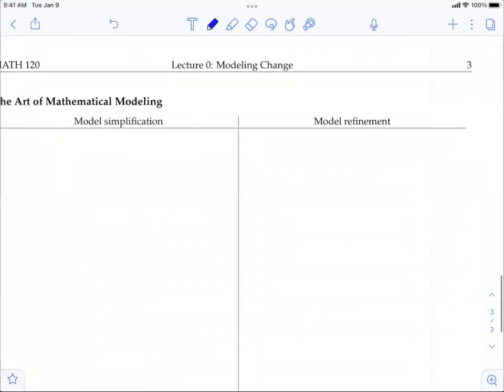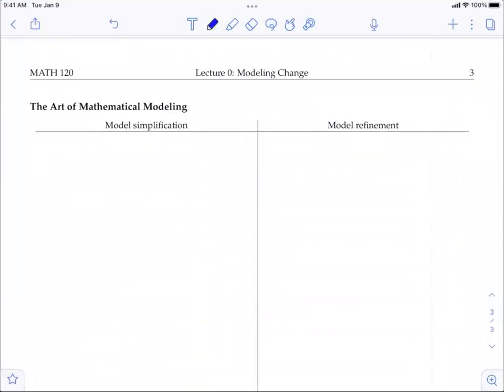So the art of mathematical modeling. Right? So the idea is that you always have to start with some simple model, right? Or you have to go through a process of model simplifications. That is, you need to restrict problem identifications. Right. So for example, I just want to go back to the infectious disease.